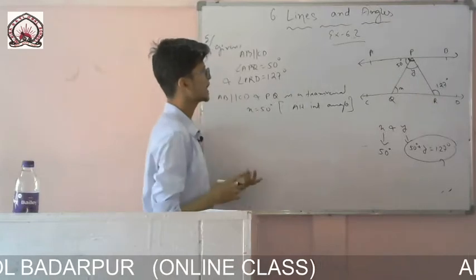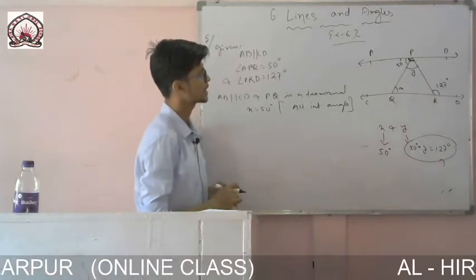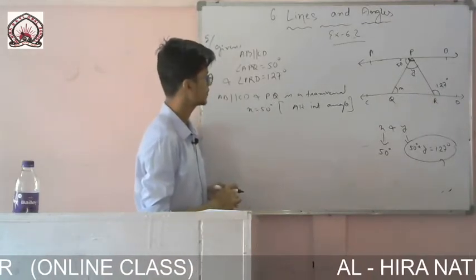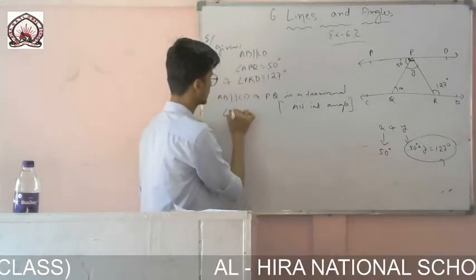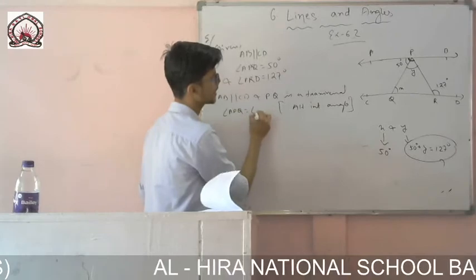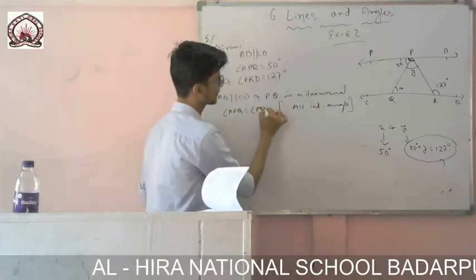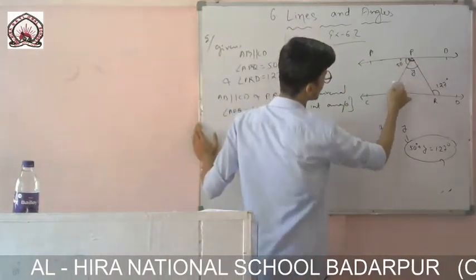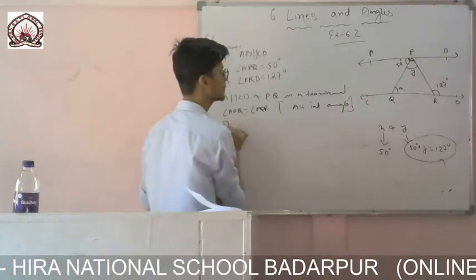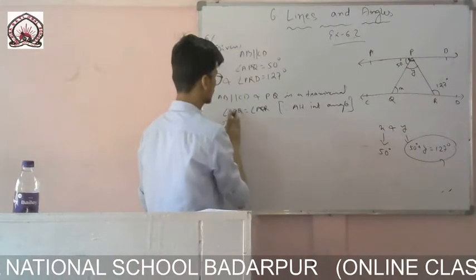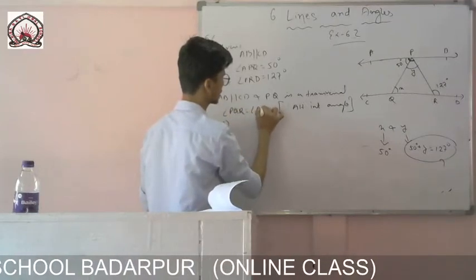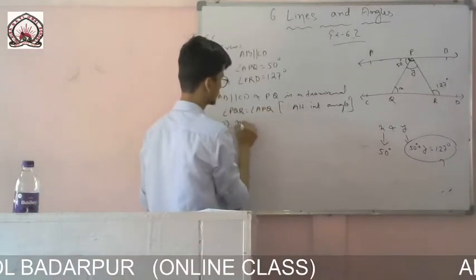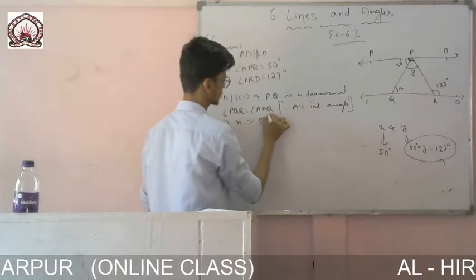If you want, you can name the angle: angle APQ equals angle PQR. Okay, you write it, it will be better. So angle PQR equals angle APQ. So X will be equal to 50, finished, problem solved.